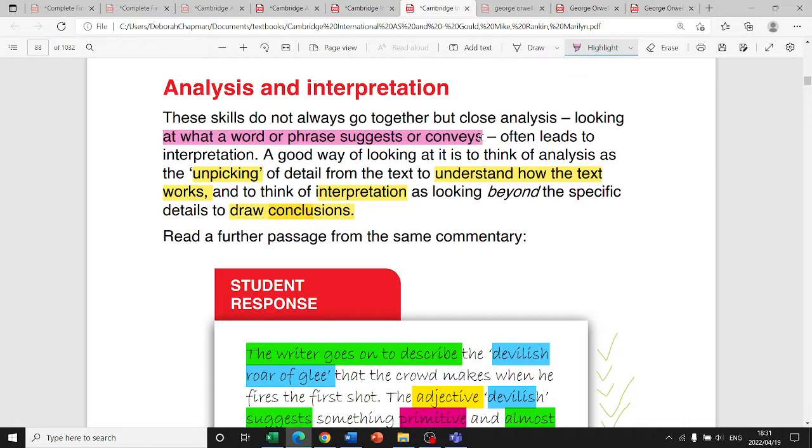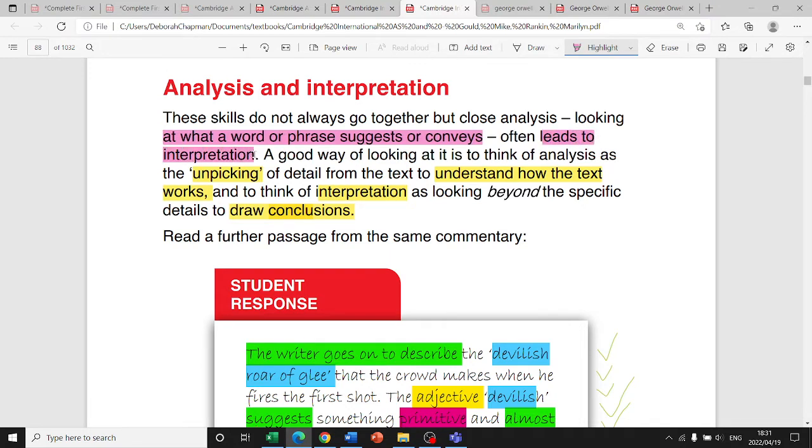When we're looking at a word or phrase and what it suggests or conveys, that is what leads us to an interpretation.